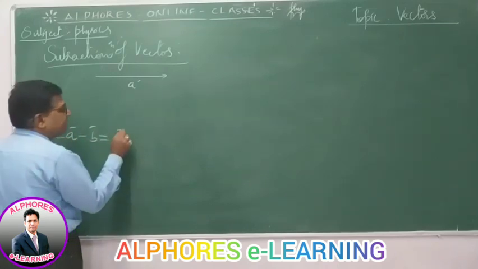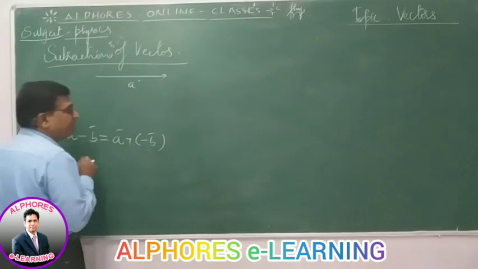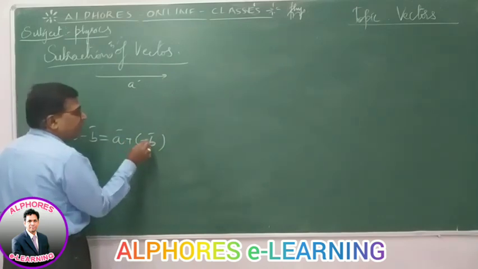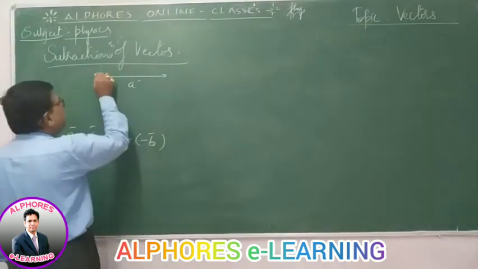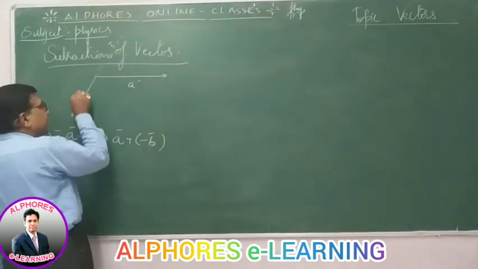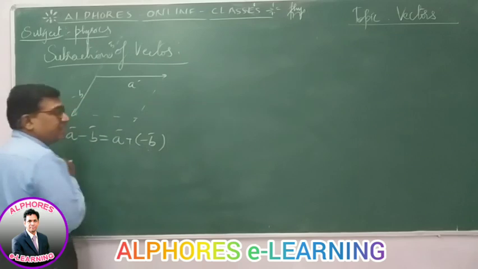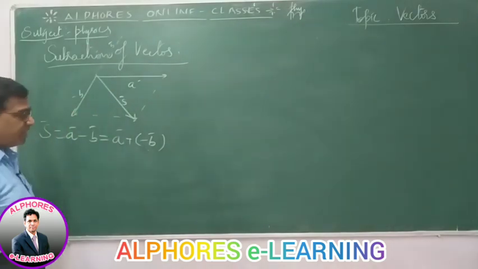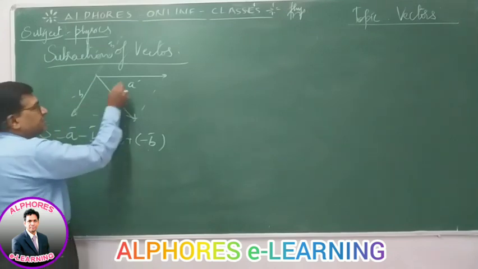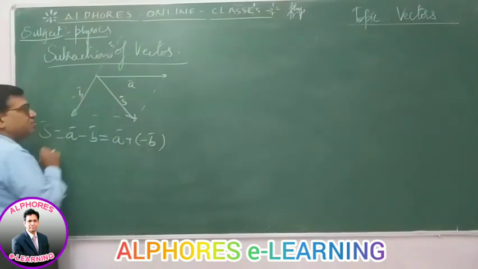I shall write it as A bar plus minus B bar. Minus B is the vector with the same magnitude as B but opposite in direction. So if this is B, then minus B is like this. Complete the parallelogram, and subtraction of vectors is the resultant of A bar and minus B bar.